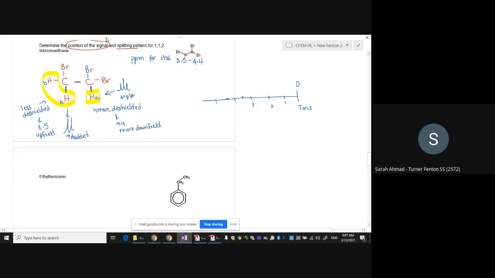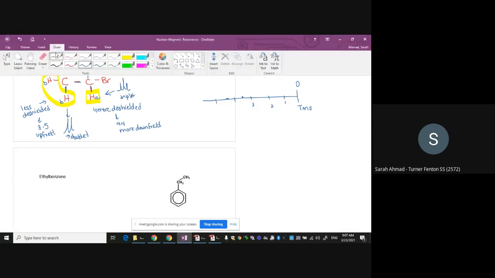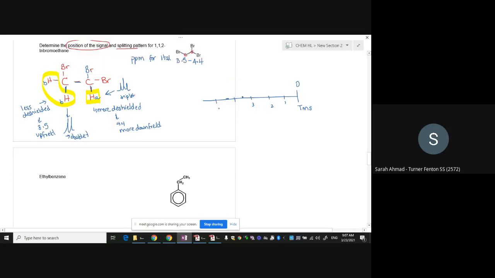So when I draw this on my NMR spectrum, for this one here, it's going to be a doublet, okay? And then over here, it's going to be a triplet, okay?